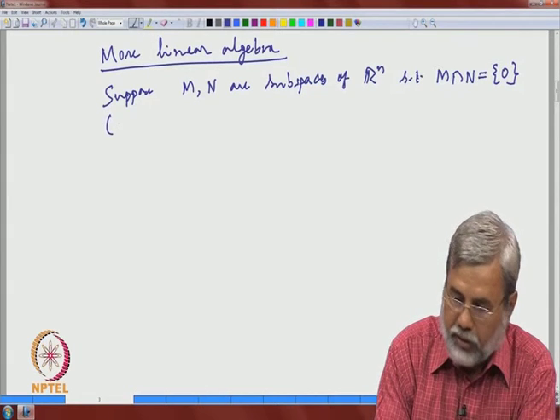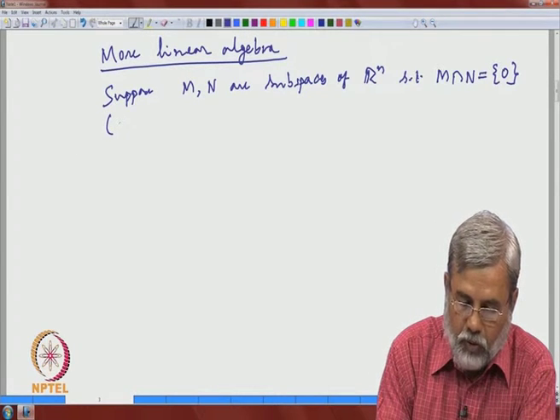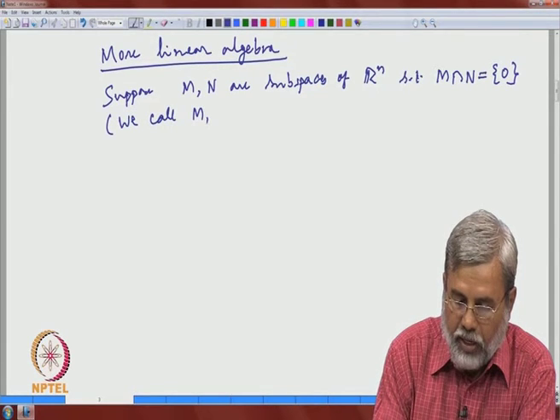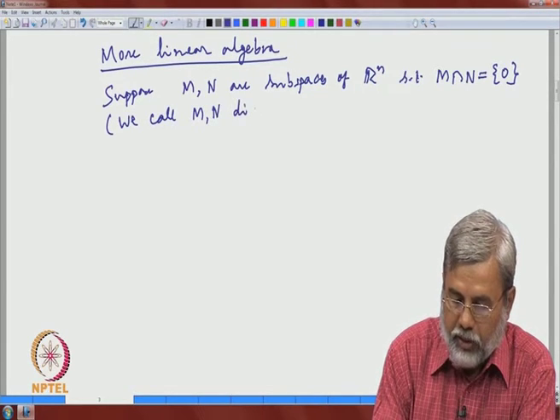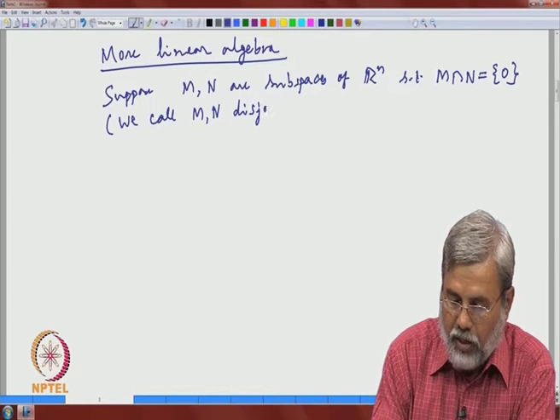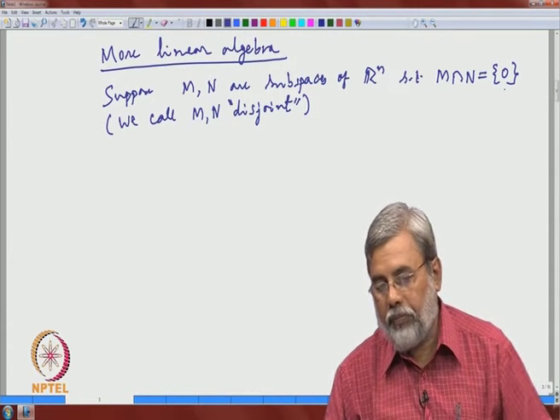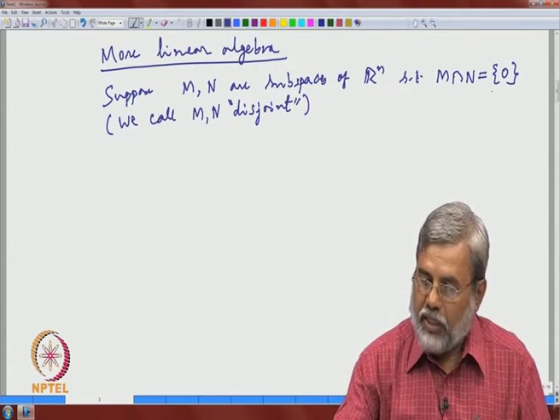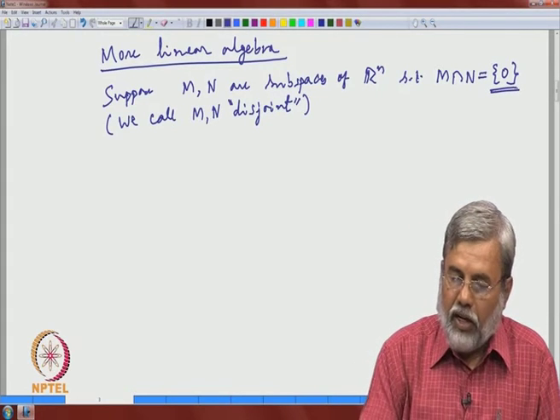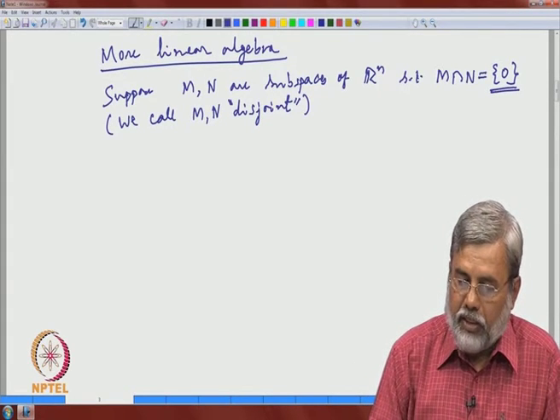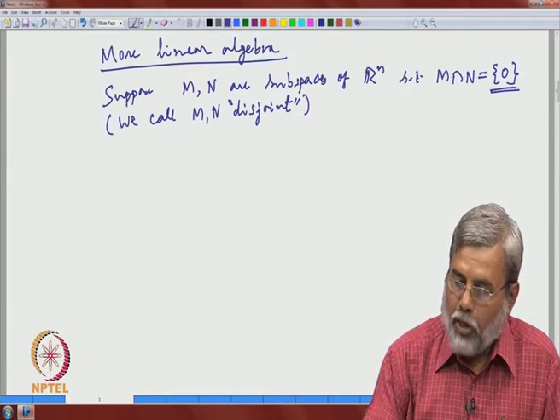We call such subspaces M and N disjoint. Though the intersection is not empty, it is the trivial subspace, namely the zero subspace, we still call it disjoint.